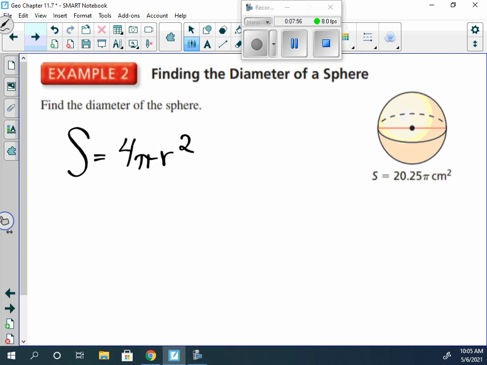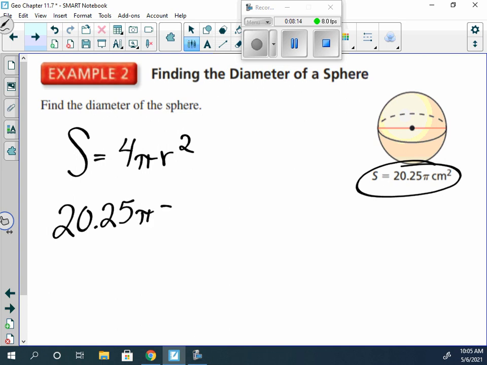If we can find the radius first, it's not too hard to get from the radius to the diameter. The one thing that we know is that the surface area is 20.25 pi. So we can plug that in: 20.25 pi is equal to 4 pi r squared.